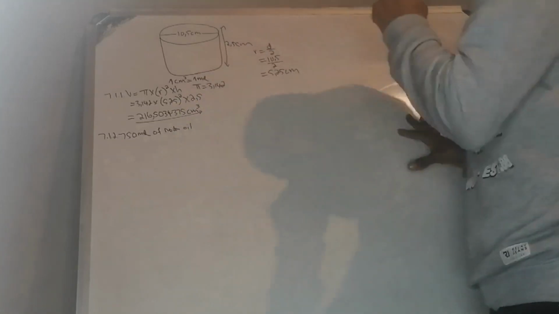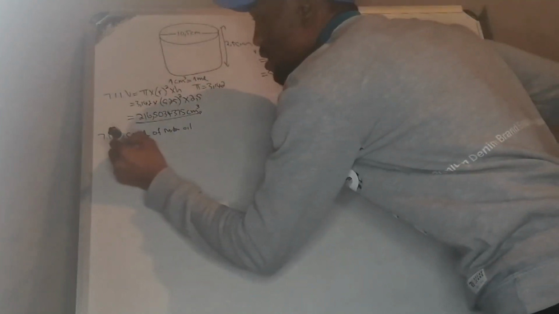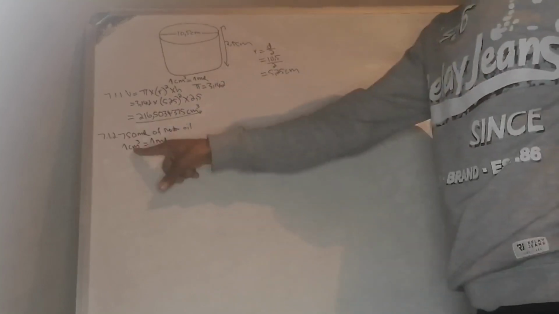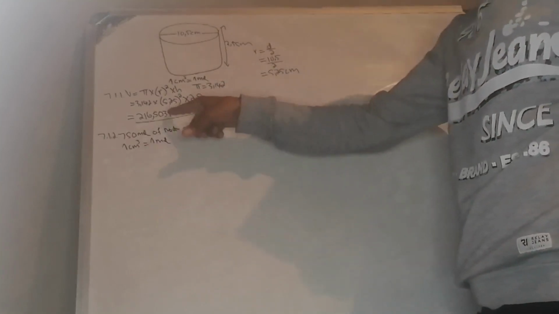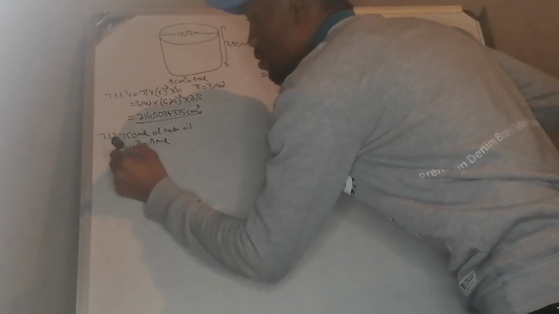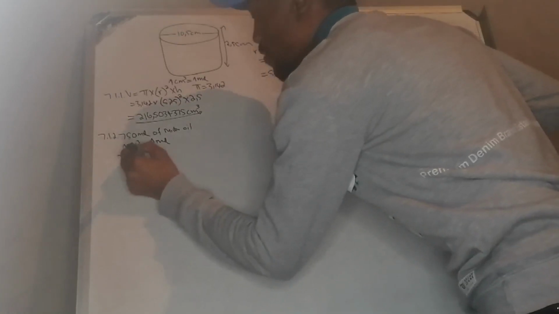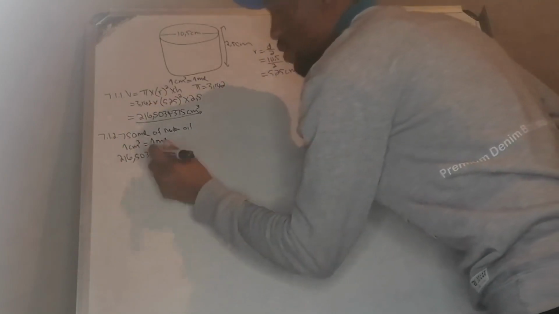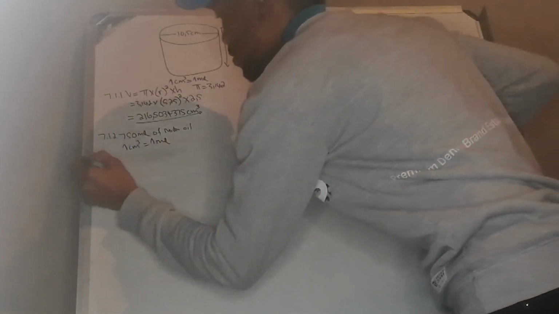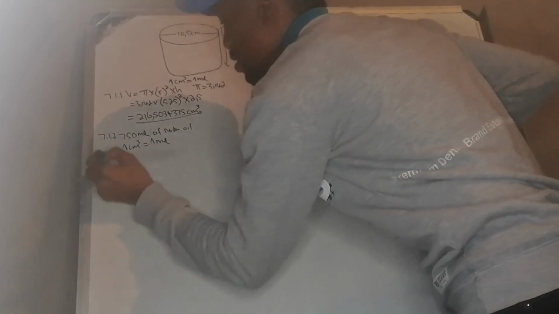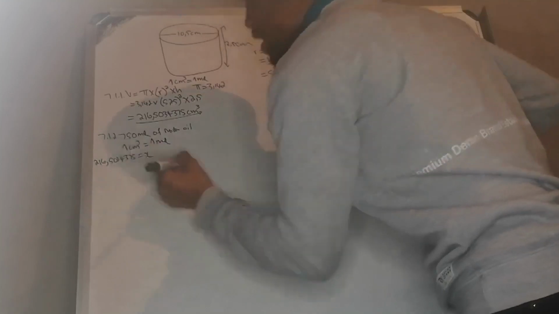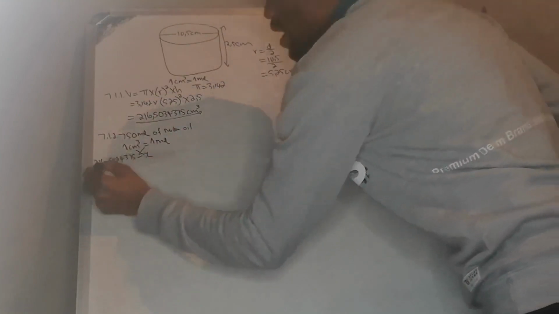Again, 1 centimeter cubed is 1 milliliter. So 216.5034375 equals x, but I will convert it to milliliters again. I will cross multiply.